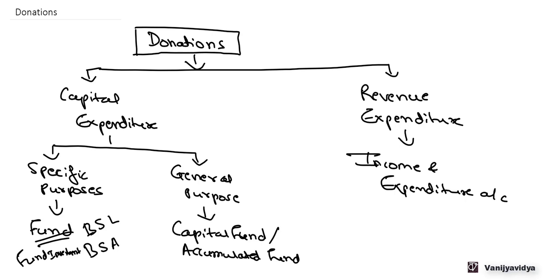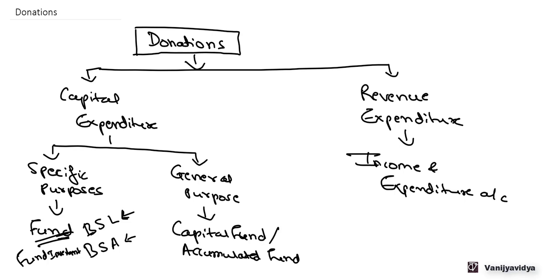Now, all the expenses and income, for example the income that is received from these investments, and say there are some expenses which were incurred during the year for meeting the purpose of this specific fund, then all those expenses and all the income that are specific for this particular fund are accounted in that particular fund.